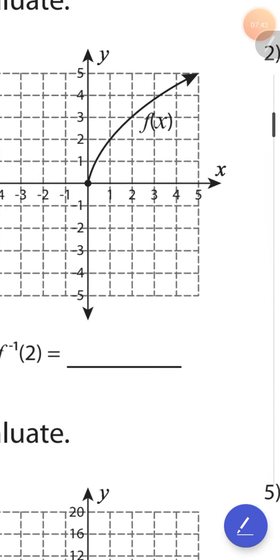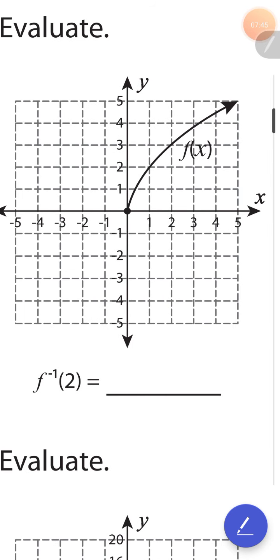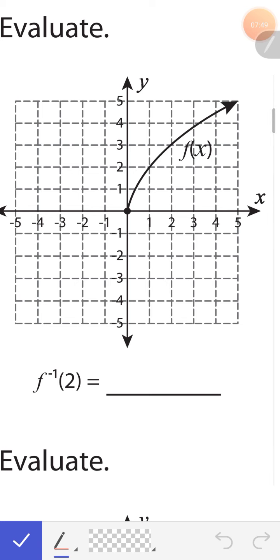This is the graph of f(x), but they're asking me to evaluate the inverse function of 2. Now remember, if this is the graph of f(x), just like we've seen from the inverses, if I wanted to draw its inverse function, I would just flip the points.